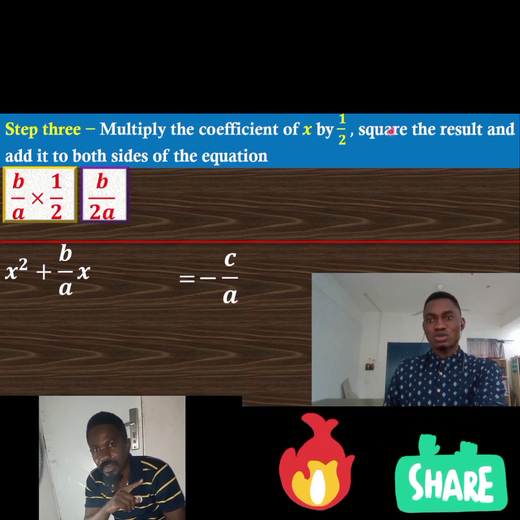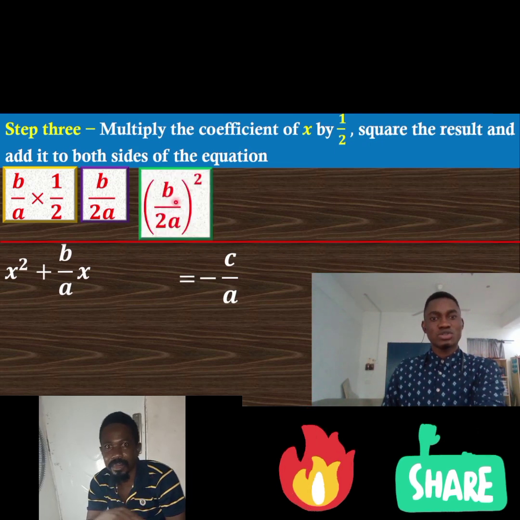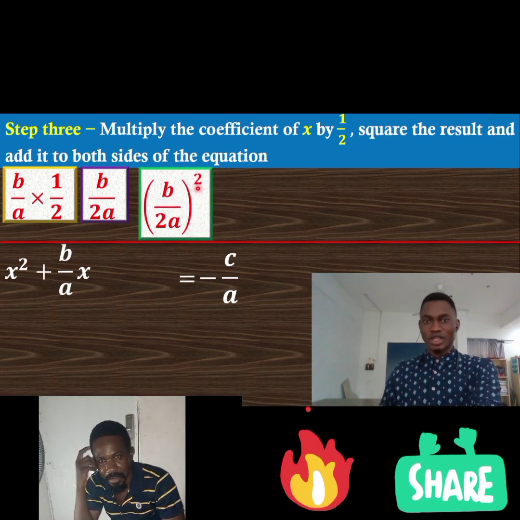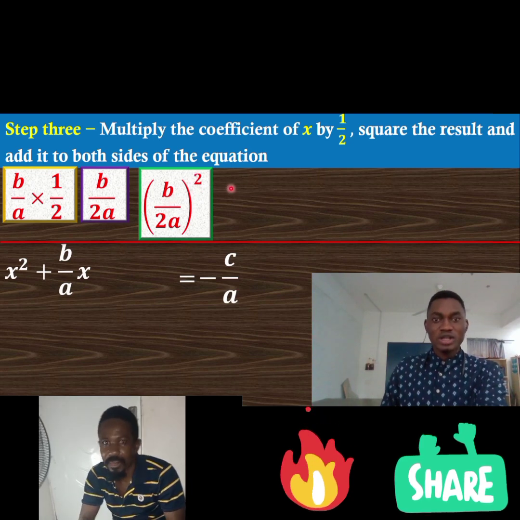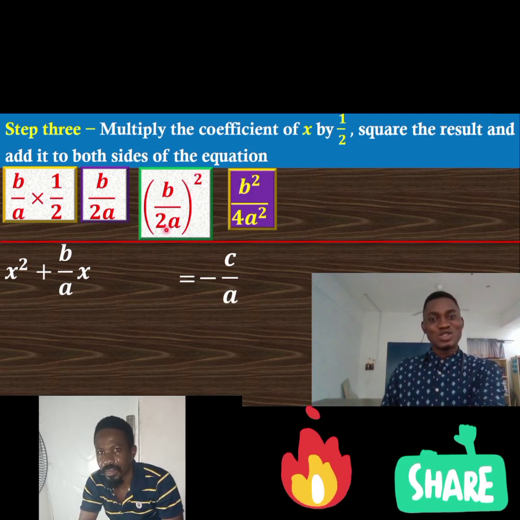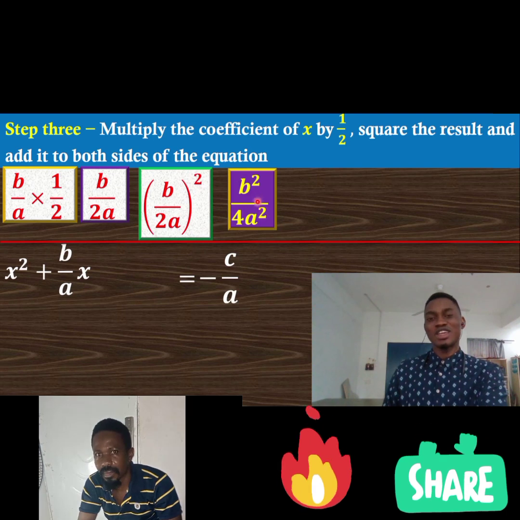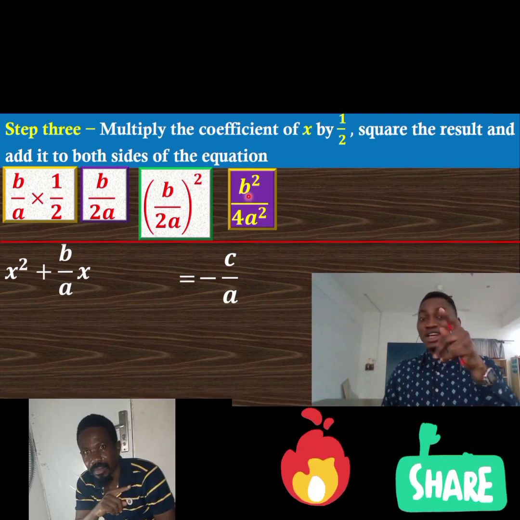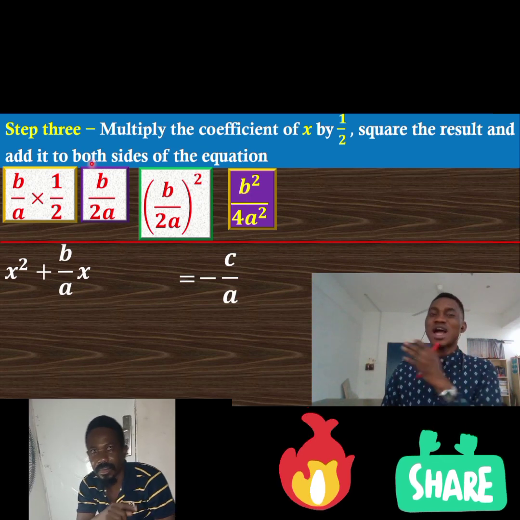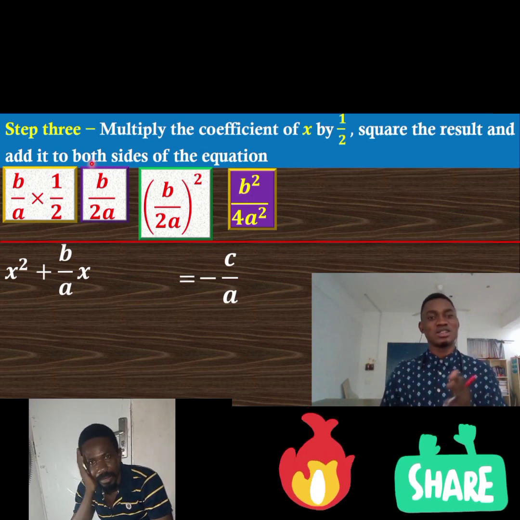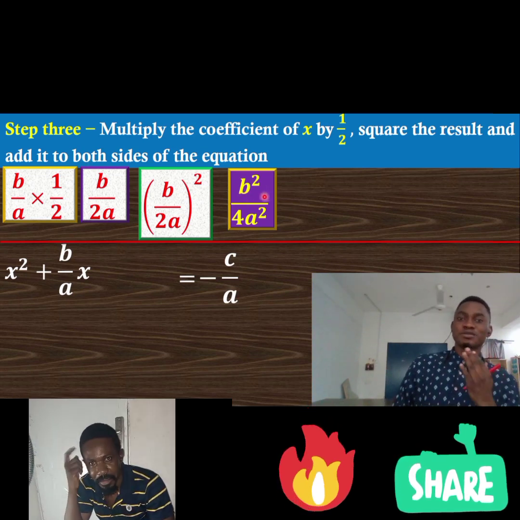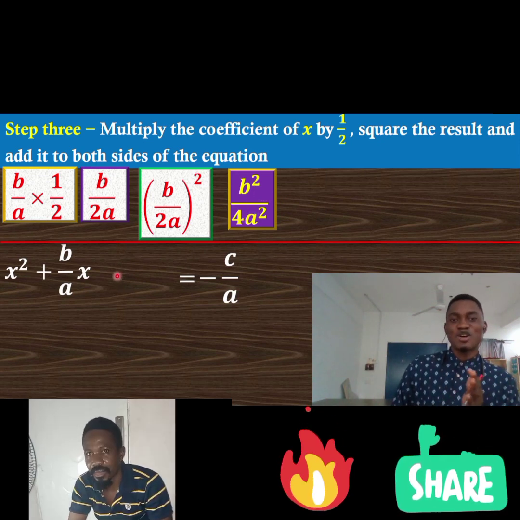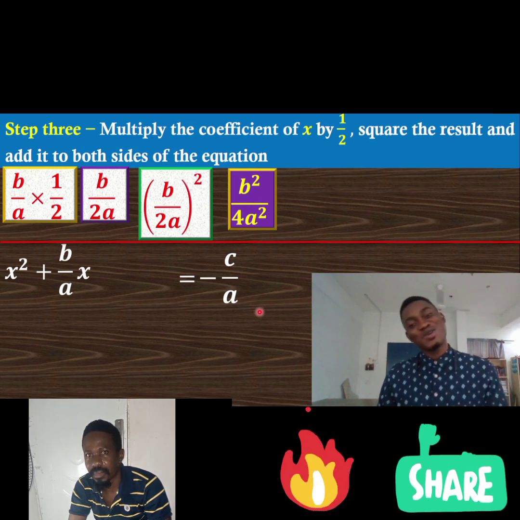Now, the next is what? To square it. Okay, when squared, we'll have b over 2a all squared. Is that clear? Then b squared is what? B squared, all right? Then 2a squared is what? 4a squared. Now, the last thing to do here under this step, okay, is to add it to both sides. That is, we are adding b squared all over 4a squared to both sides of this beautiful equation.